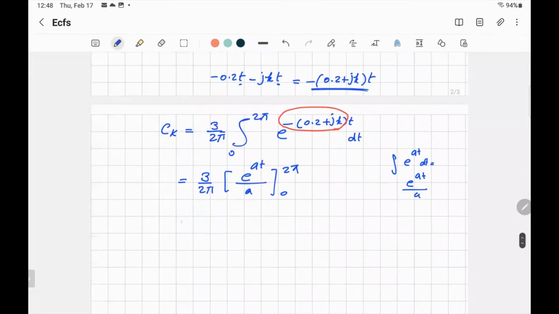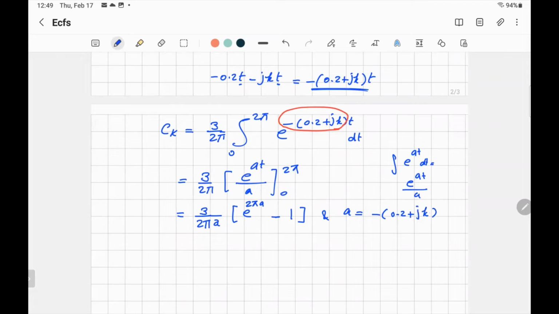And as we read before in the lab project, we are going to substitute, leaving a in the end. So you have 3 over 2 pi, and get a out also, as a constant. Then you substitute e to the power at: at 2 pi will be e to the power 2 pi a, minus e to the power 0, which is equal to 1. Okay, now we have it clean. Start to substitute for a, and we know that a is equal to minus 0.2 plus jk.